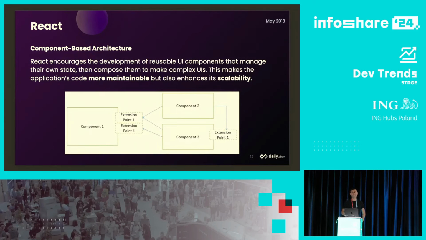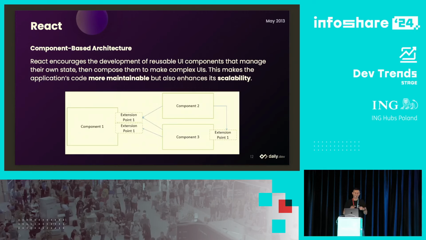React introduced something very revolutionary, which is the component-based architecture. We will see that basically all the upcoming frameworks, or most of them, used this component-based architecture. So what is the core idea of using this component-based approach? To force, in a certain way, developers to make something reusable, to have components that are reusable with their own state and mix them in complex UIs.